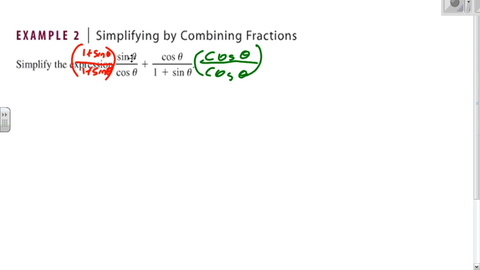So we have sine times 1 plus sine. Let's distribute. Sine times 1 is sine. Sine times sine is sine squared. And over here, cosine times cosine is cosine squared.